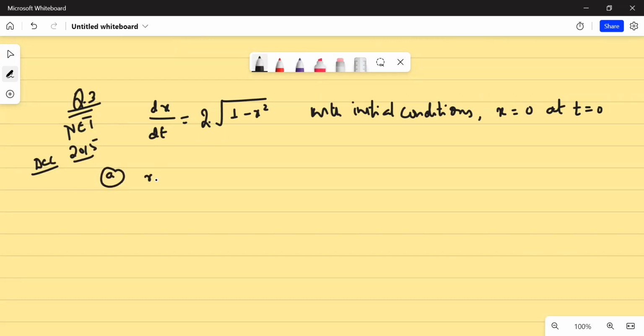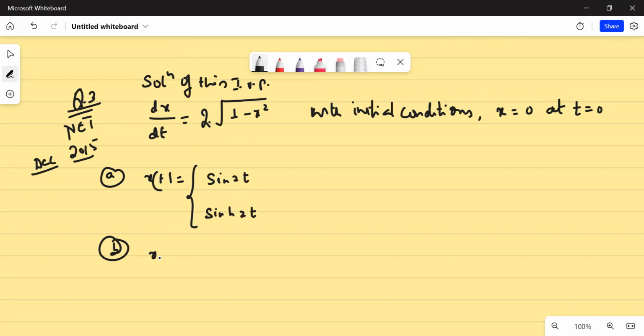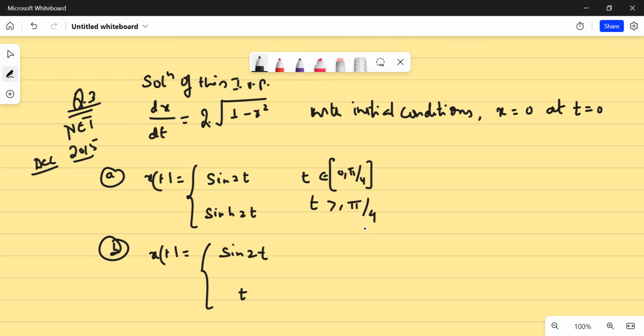And they're asking what can be the probable solution of this differential equation. I'm giving you options like sine 2t, sine hyperbolic 2t. Option B, x as a function of t was given as sine 2t, for t lying between 0 and pi by 4, t greater than or equal to pi by 4, t lying between 0 and pi by 2.